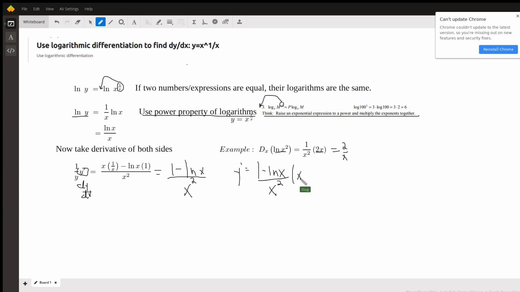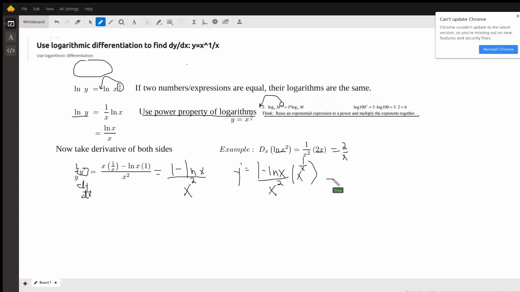I could put the y there if I wanted y prime to be defined in terms of x and y. But if I only want it in terms of x, I replace y with its definition. So there you go. That's the derivative of the original function. It's a formula for slopes of tangent lines to the graph of that curve right there.